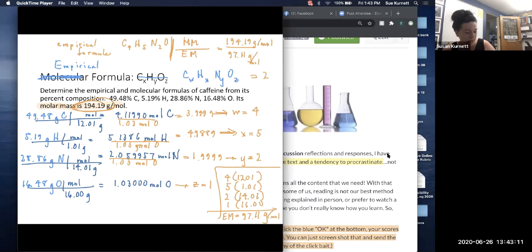So the molar mass is twice what the empirical mass is, which means the formula for the actual molecule, the molecular formula, must have twice as many everythings, twice as many carbons, twice as many hydrogens, nitrogens, and oxygens, because this ratio is 2 to 1.